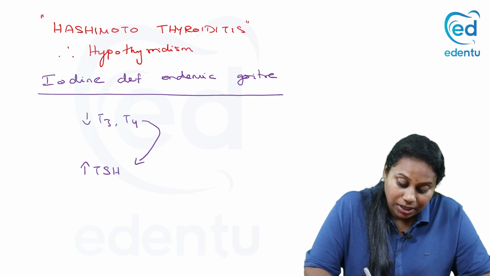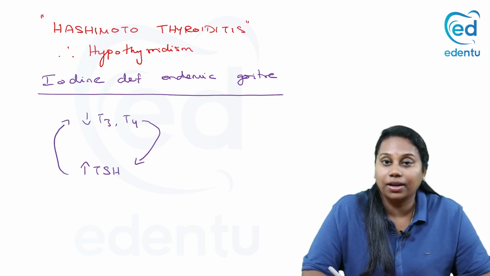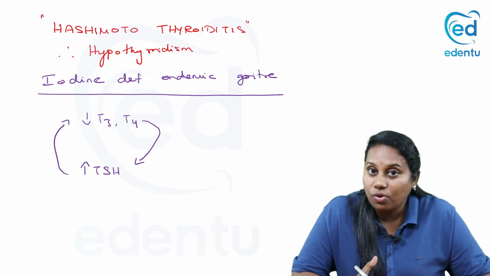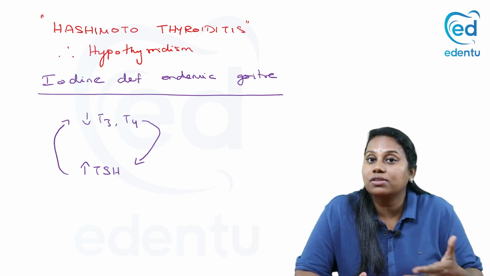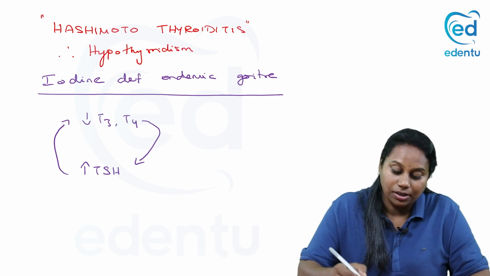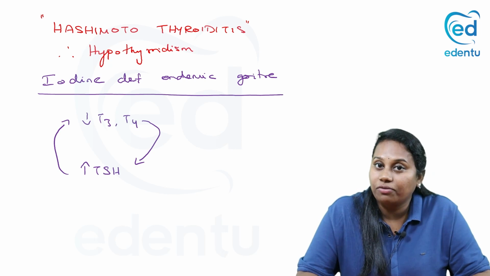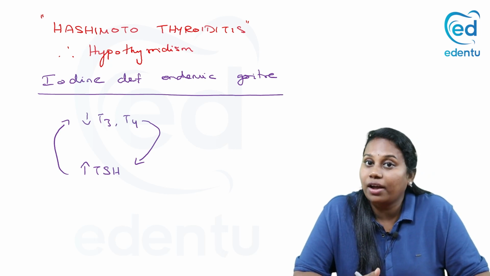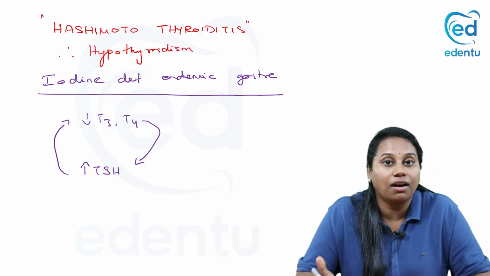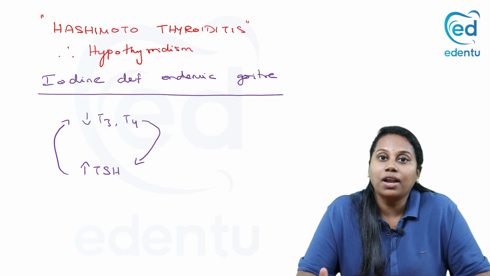This TSH in turn acts on the thyroid gland. Without knowing that there is no iodine, TSH will keep on stimulating the thyroid gland, trying to produce more T3 and T4, but eventually there is no iodine. So however much it is stimulated, it can't produce T3 and T4. What happens?